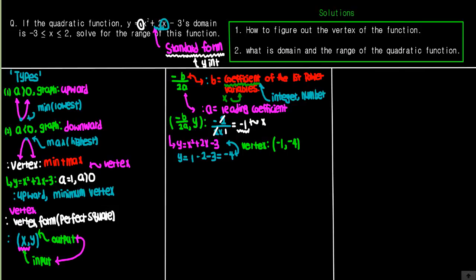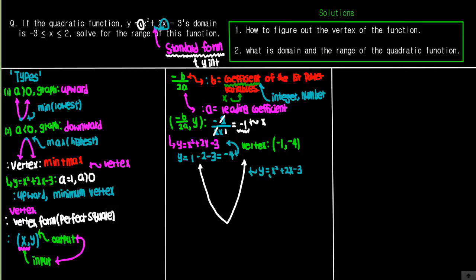So if you draw an approximation of the quadratic function's graph, we don't have to draw the x and y axes. All you have to draw is the basic shape of our quadratic function. So we can figure out that our quadratic function opens upward, and this is y is equal to x squared plus 2x minus 3.